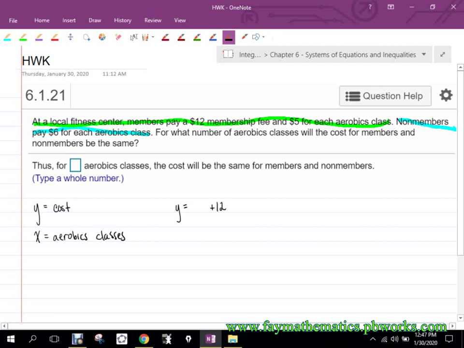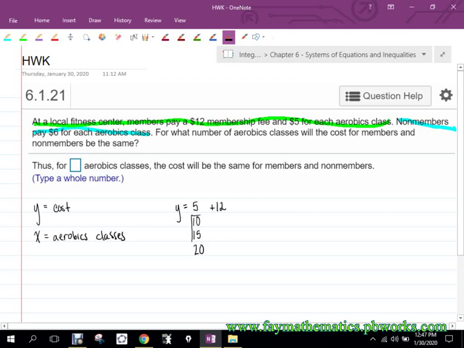Now, that's what this is saying. You become a member, but then you get lazy and don't take any classes, okay? But if I take one class, how much extra money am I going to pay? $5, right? But if I take two classes, just careful, that 5 would actually be 10, wouldn't it? Yeah. Okay, if I take 3 classes, that 5 would be 15, right? 4 classes would be 20.